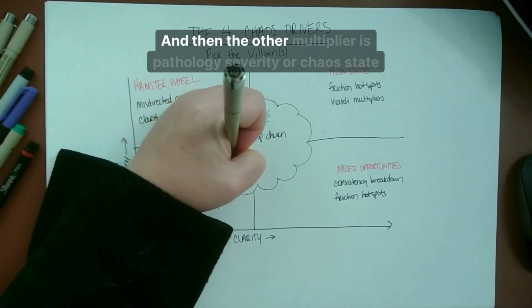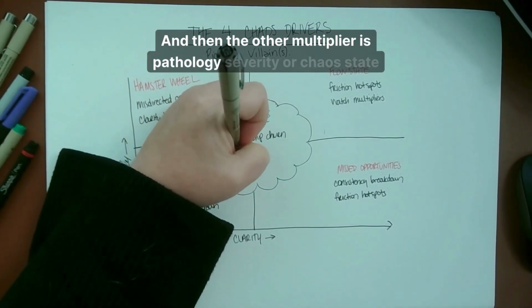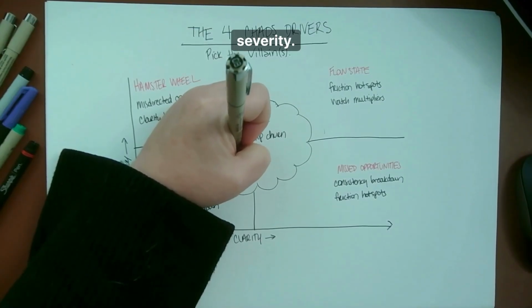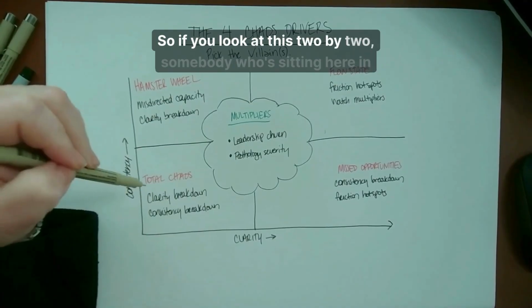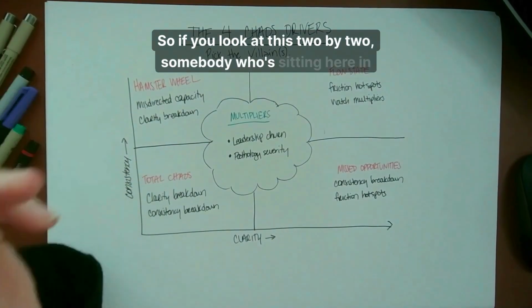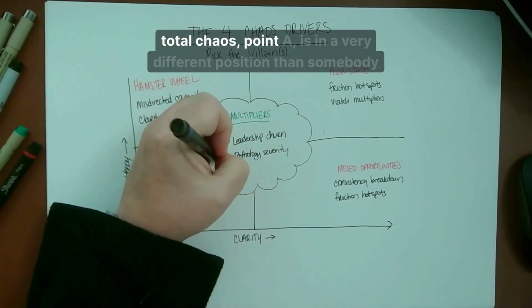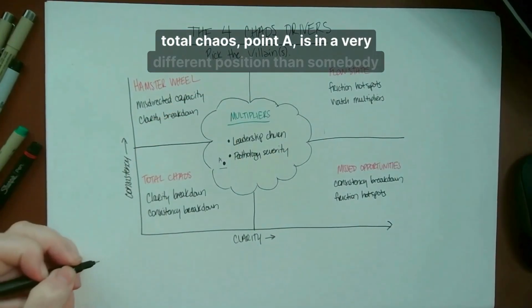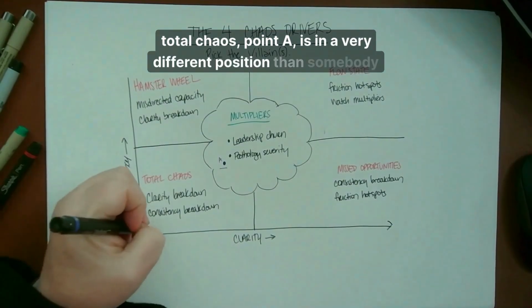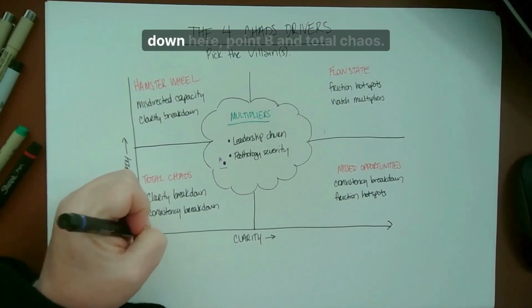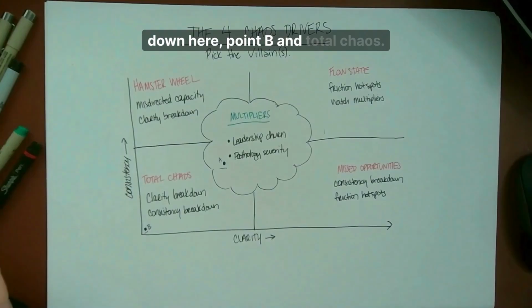And then the other multiplier is pathology severity or chaos state severity. So if you look at this 2x2, somebody who's sitting here in total chaos, point A, is in a very different position than somebody who's sitting down here, point B, in total chaos.